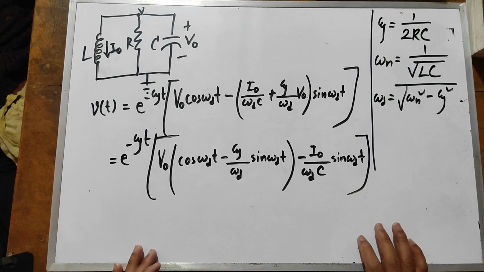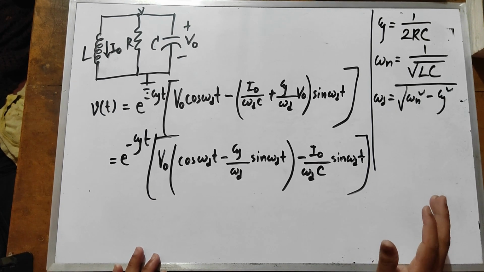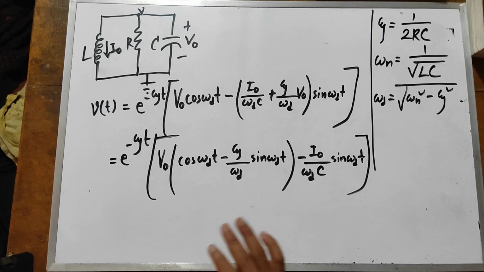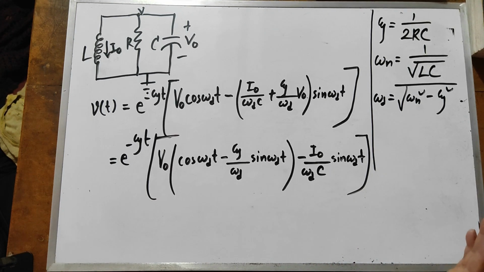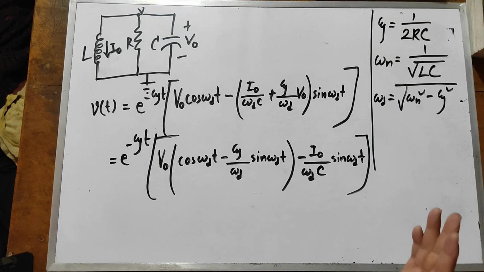This is the complete response of the source free parallelly connected RLC circuit. Remember that there is no particular integral, so there is no steady state response. This is only the transient response of the circuit. It looks almost the same as the response I found for the series source free RLC circuit.